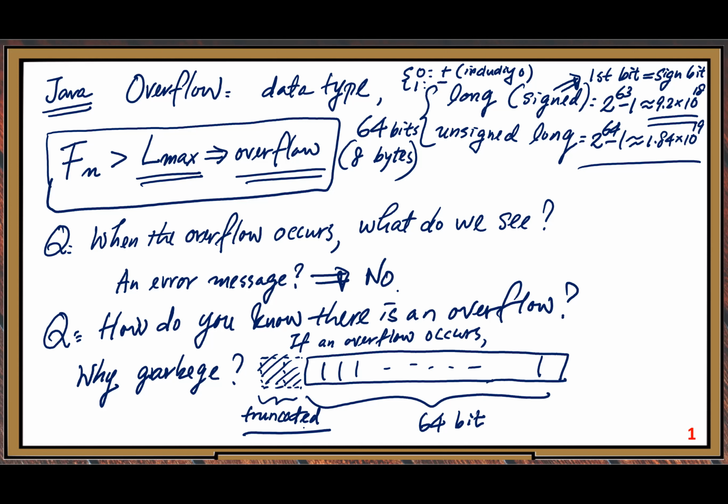So you do not know it. It is truncated, but you still see a number produced. The number just uses the last 64 bits. So that's a garbage number. It's truncated, incorrect. If you use it, it's incorrect.